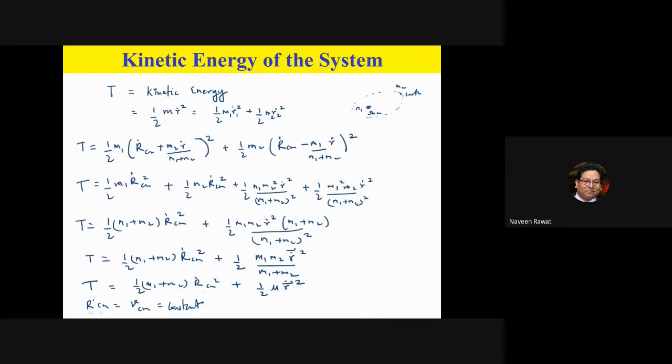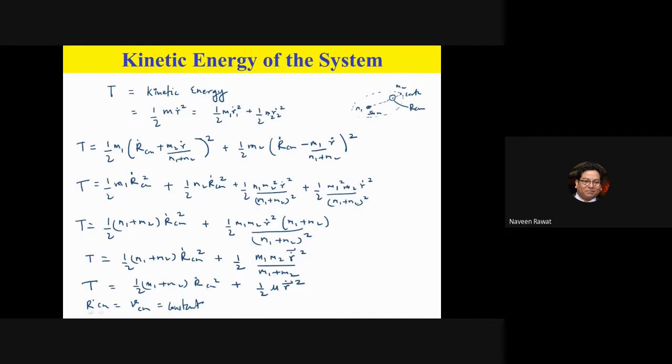So if I now move to the frame of reference where the position of center of mass is, so let's say now there is some position here which is the position of center of mass. Now if I sit here and take this as the frame of reference, then it will feel like there is no velocity of this position of center of mass, because I am in that frame of reference.